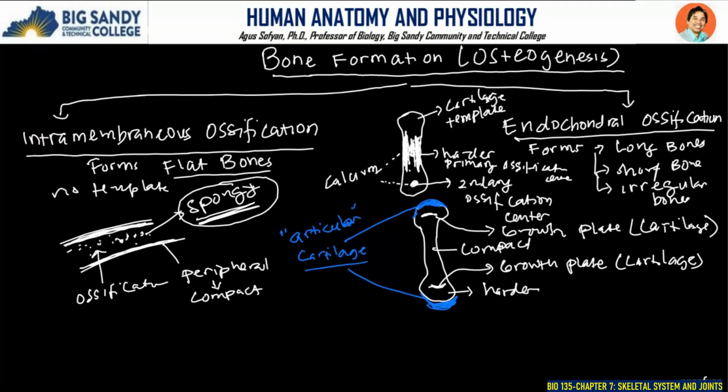Okay, so this is how the bone are formed during our embryonic development. And again, just remember for the endochondral, it start with a template. If we're making a cake, endochondral is just like making cupcake, right? So you have to have a template, which is cup.